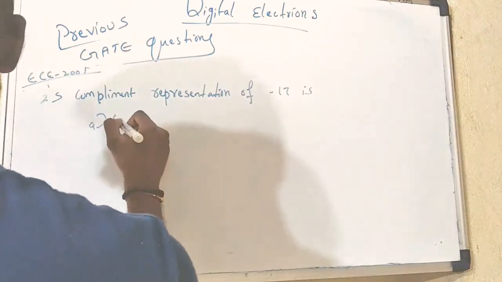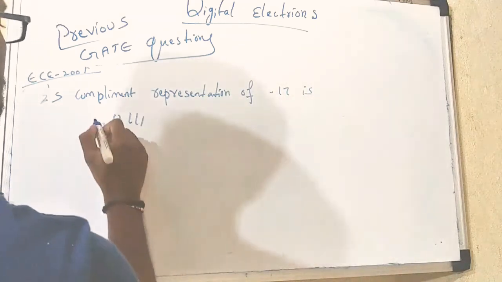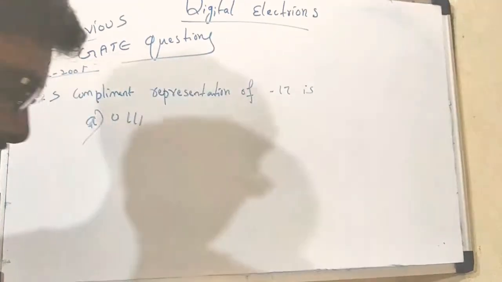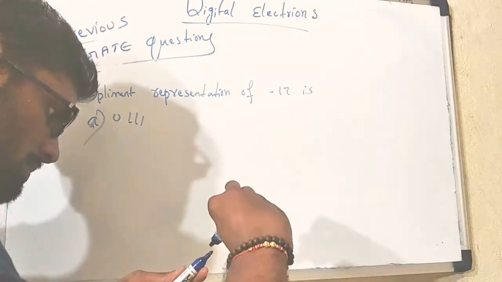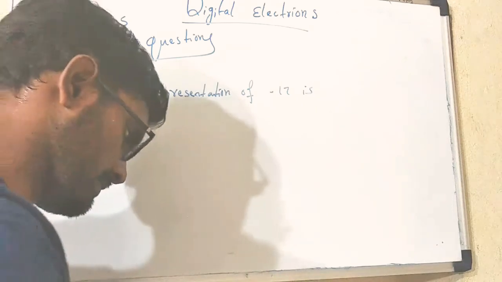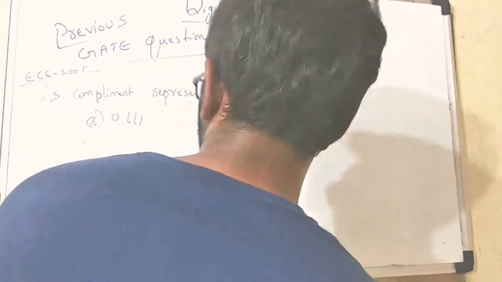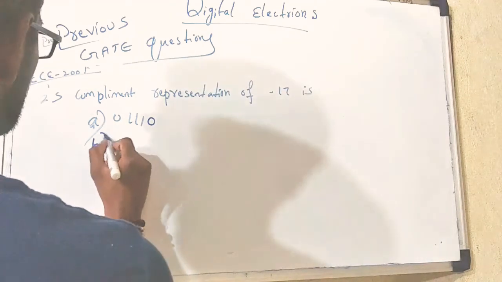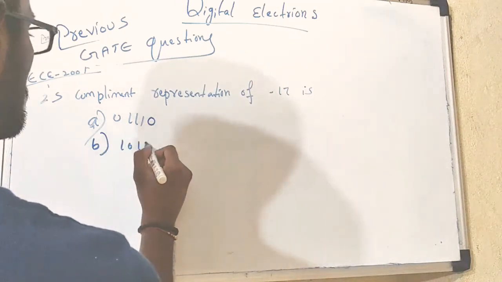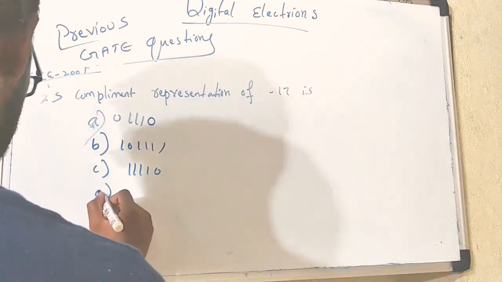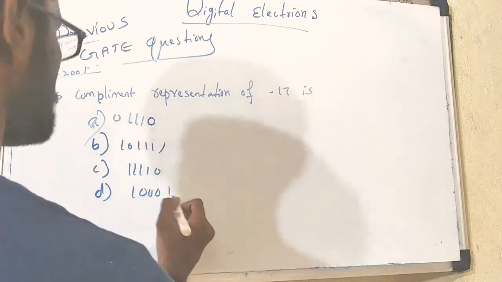The options are: first one is 01110, second option is 101111, third option is, and the last option is 10001.